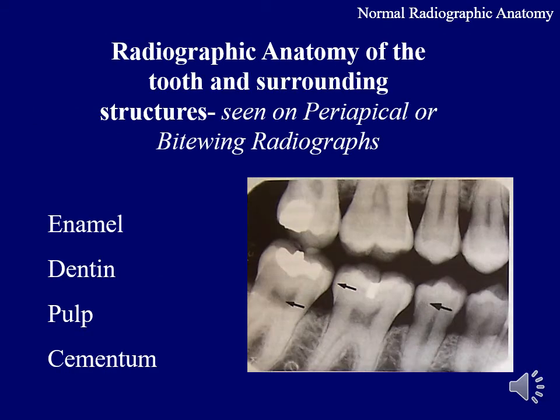The radiographic anatomy of the teeth and surrounding structures. Within this, the first structure is teeth. Teeth are composed primarily of dentin with an enamel cap over the coronal portion and a thin layer of cementum over the root surface.